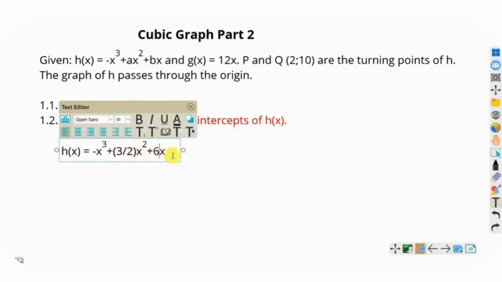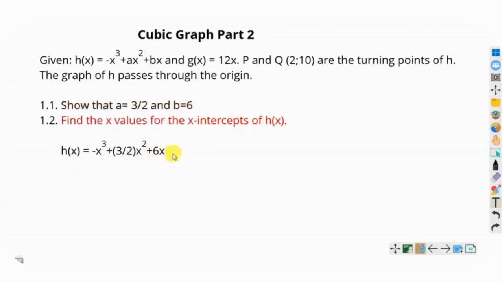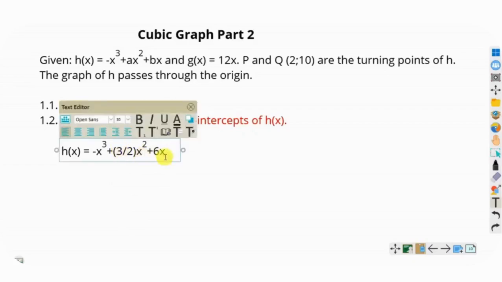Right, now they are saying write the x values for the x-intercept. So we know that the x-intercept is the x value that when you substitute in the equation gives you 0 for the y value. So from this we can see all the terms are multiplied by x. So meaning if I make x 0, then h becomes 0. So the y value becomes 0.